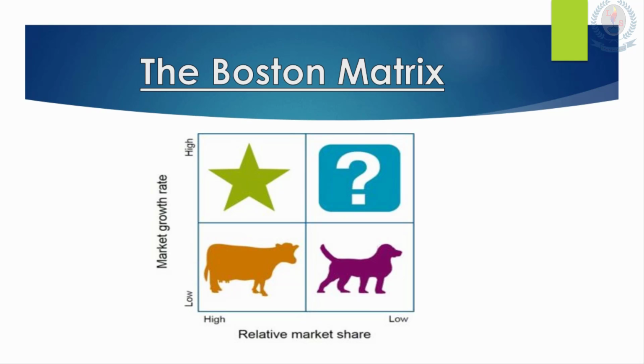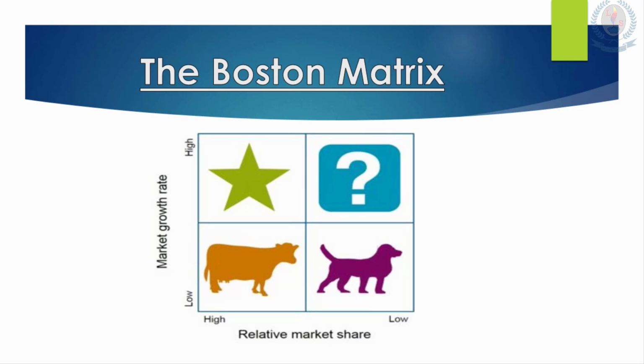Then think about another product category of your company. Assume that you have four types of product categories in your company, okay? Then the next product category, the relative market share is low, but the market growth rate is high.